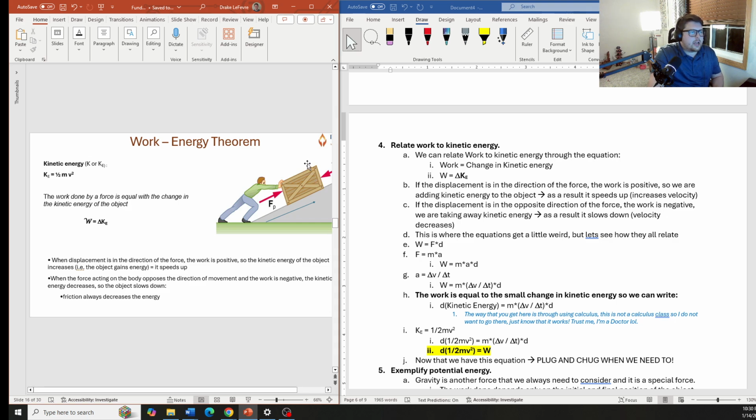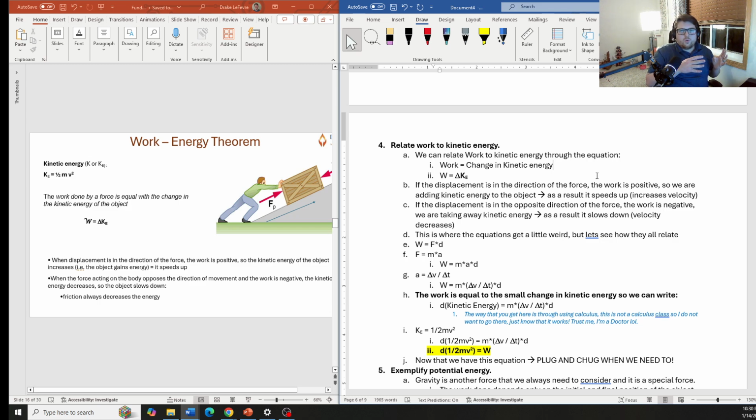Okay, now relating work to kinetic energy. This is through the equation that work is equal to the change in kinetic energy. So we'll take the initial situation, right when we start to act on, in this case, a box we're pushing.